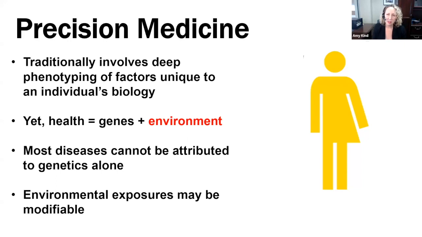So, the other interesting thing when we consider the environment is that many of these environmental exposures may be modifiable. So, they potentially not only serve as tools to better predict an individual's risk of disease or tailoring of those therapies, but we may be able to intervene, often at a societal level, on those exposures themselves.